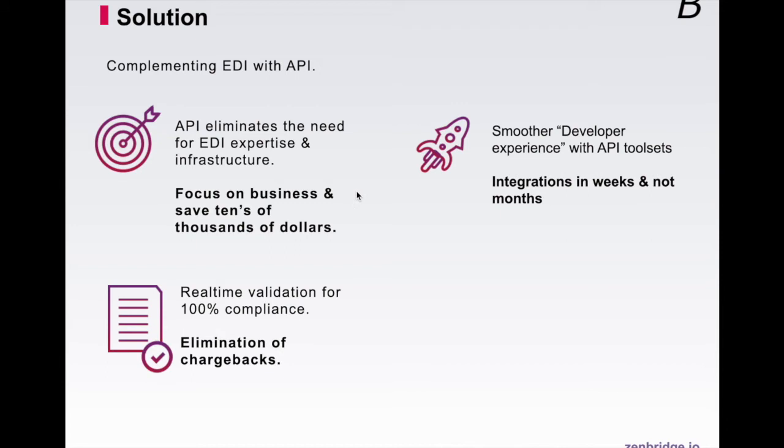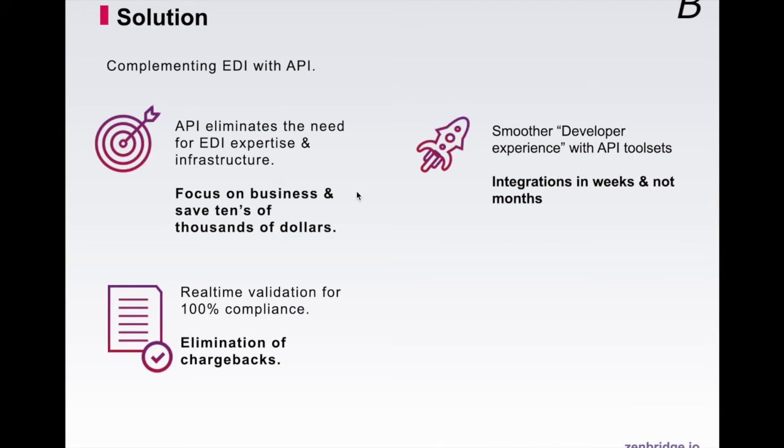The third thing is APIs by design are capable of rejecting a request. What this means is when you send bad data to your trading partner or the other way around, API servers could reject the request. On the other hand, with EDI, the way it works is you might send invalid information or non-compliant EDI to your trading partner, but they would only find out about it when they process the EDI file.